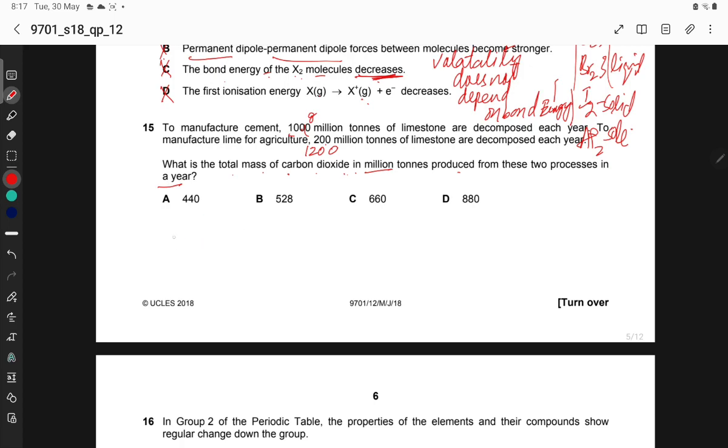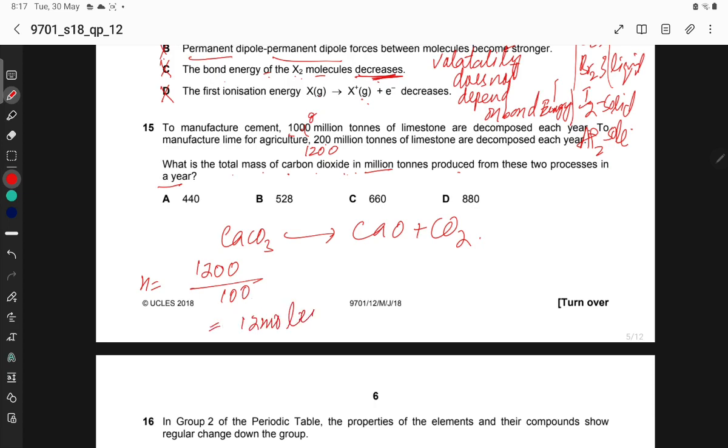Calcium carbonate decomposes to form calcium oxide plus carbon dioxide. Find the number of moles: 1200 divided by 100 is equal to 12 moles. What is the total mass of carbon dioxide? The ratio is 1:1 between calcium carbonate and carbon dioxide.